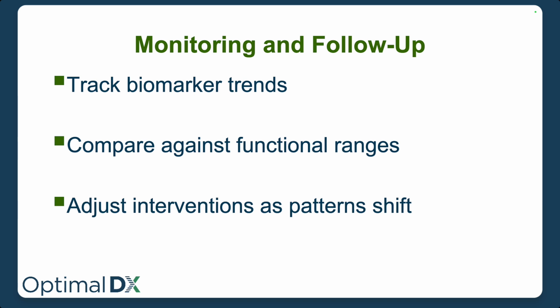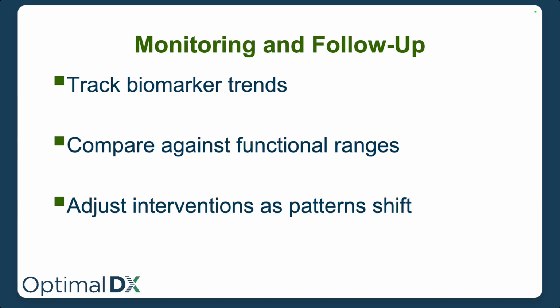I think it's also very, very important to monitor and follow up with your patients. One of the great things about the Optimal DX platform and the software that we've built is that we can track biomarker trends over time. So by tracking biomarkers over time, we can see whether interventions are working and adjust as needed. Pancreatic health is dynamic. It's not static.